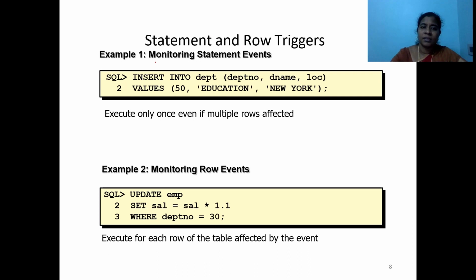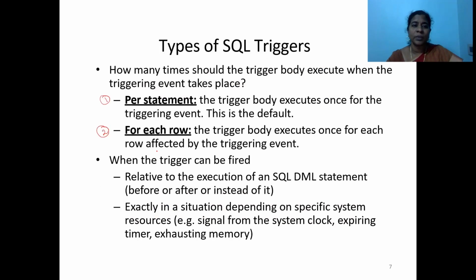Statement and row triggers. So here, example one is for monitoring statement events. The event is an insert event. We are going to insert some values in the department table. It executes only once, even if multiple rows are affected. And another one is, I said the two types of triggers we have seen, right? Per statement, for each row.